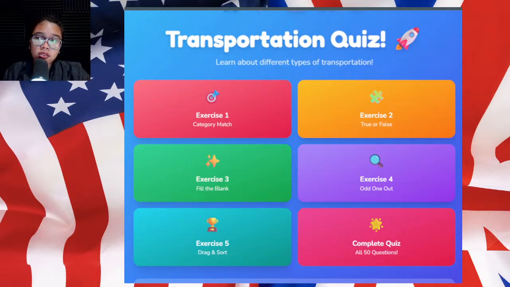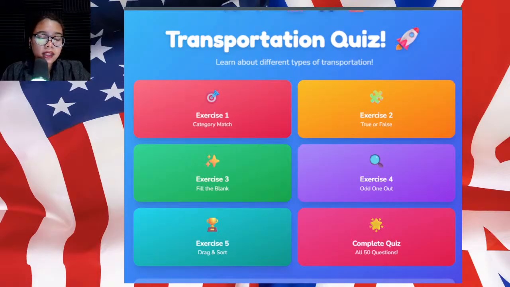Aside from land transportation, we also have water transport, which includes the boat, the ship, the ferry, the submarine, the raft, the canoe. Those are the different vocabulary that we can pertain to the water transportation.